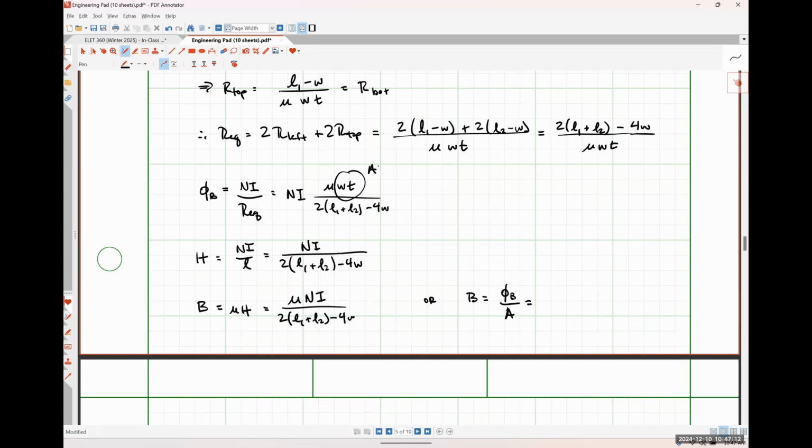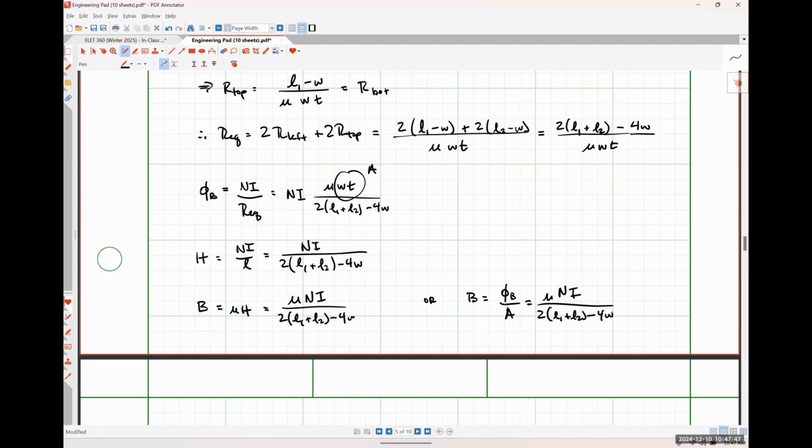So if we get rid of that, we still just get mu Ni over twice (L1 plus L2) minus 4W. So all of our relationships, it doesn't matter in which way, shape, or form we reorganize them, we're going to wind up getting the exact same results, right? So if we know the reluctance, we can, within a couple of steps, figure out anything else, depending on what pieces of information we're given.